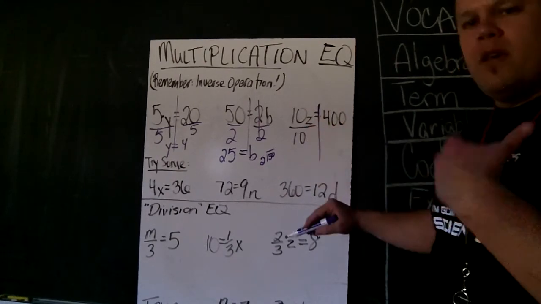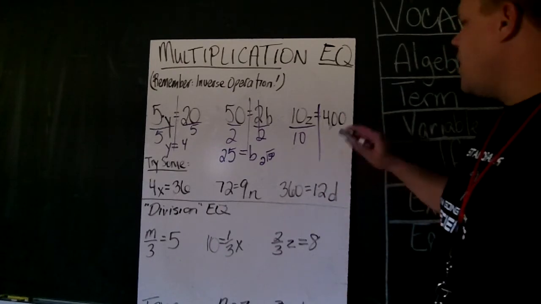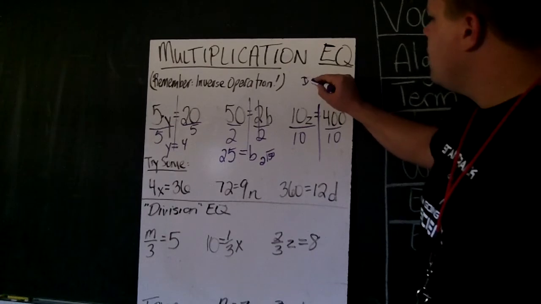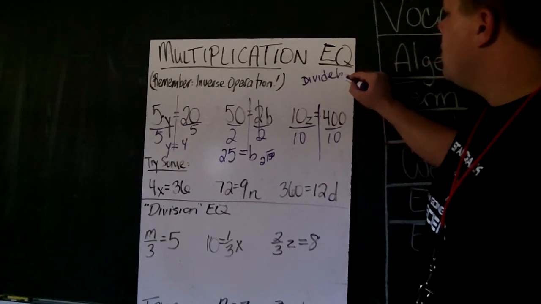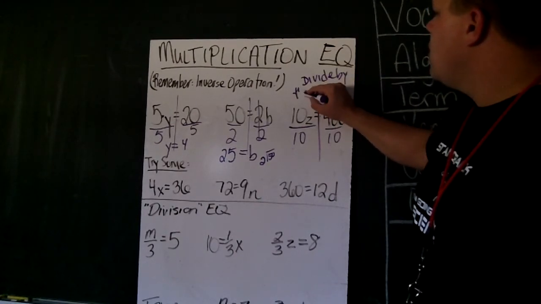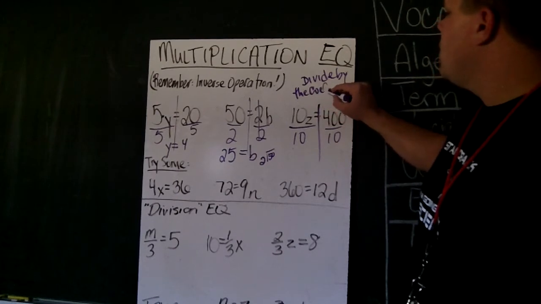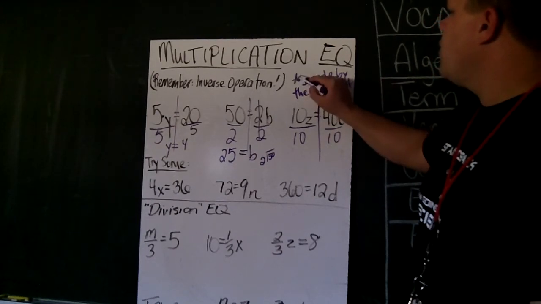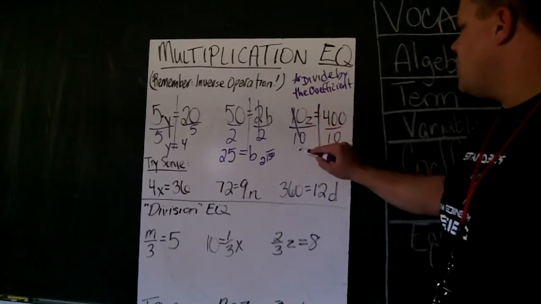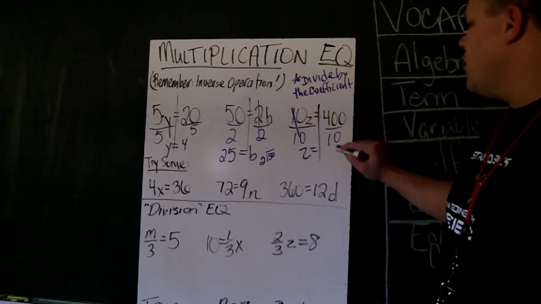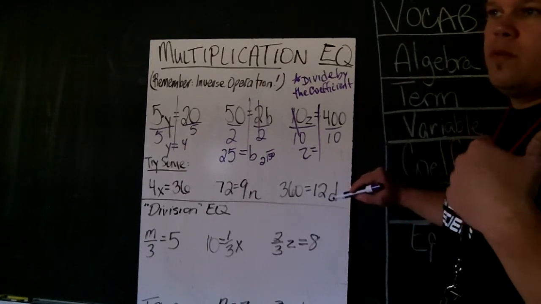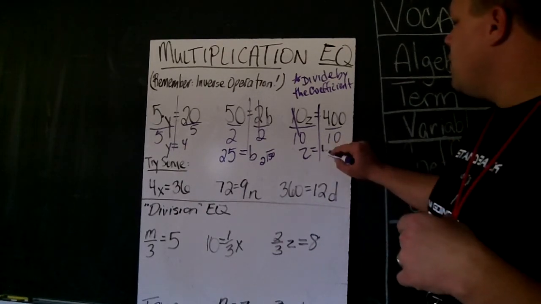And what you may be realizing now is that when you have a multiplication equation, you're basically going to be dividing by the coefficient. So divide by the coefficient. Cancel this out. And 400 divided by 10 is, pause if you need to, 3, 2, 1. The answer is 40.